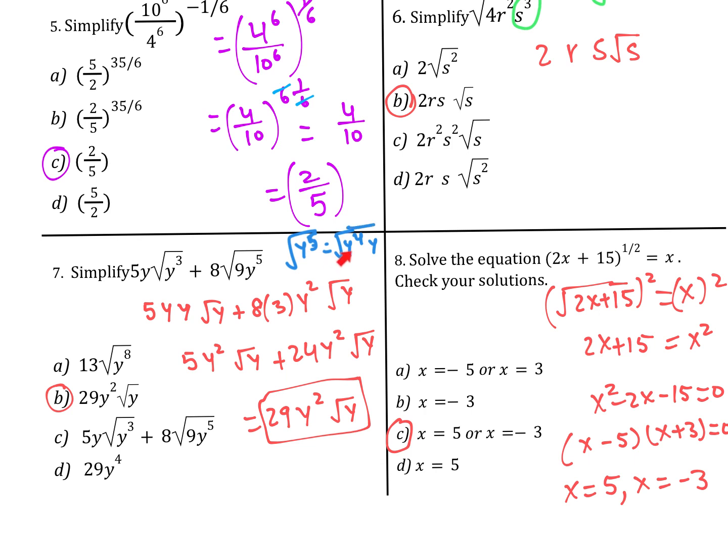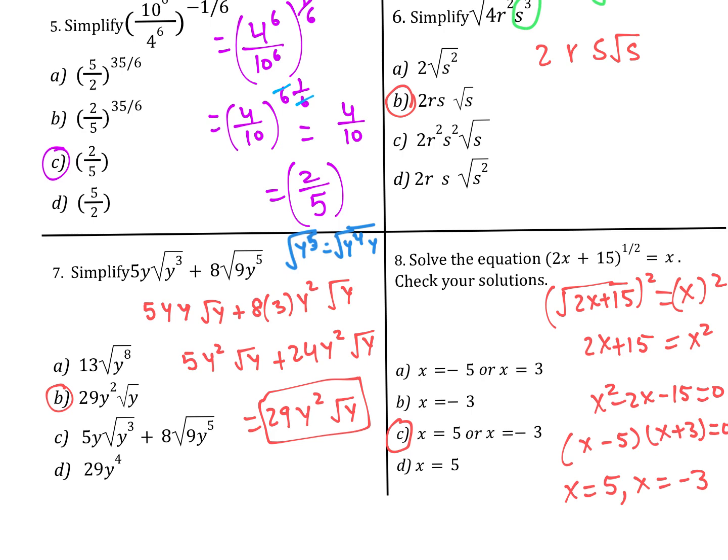Square root of y to the power 4 is y squared, and this y remains inside. When you have like terms, you add this 24 with 5, you get 29 y squared, square root of y.